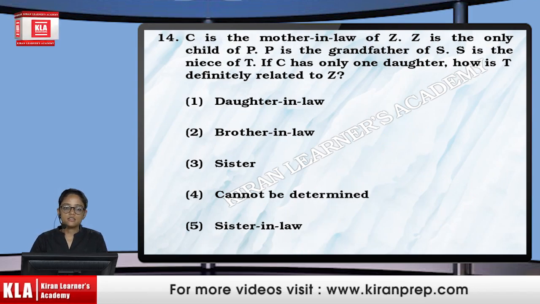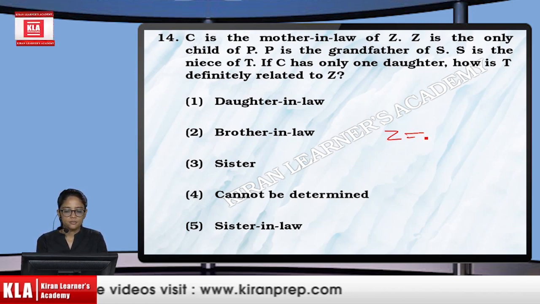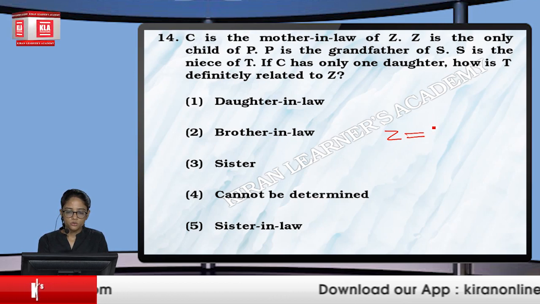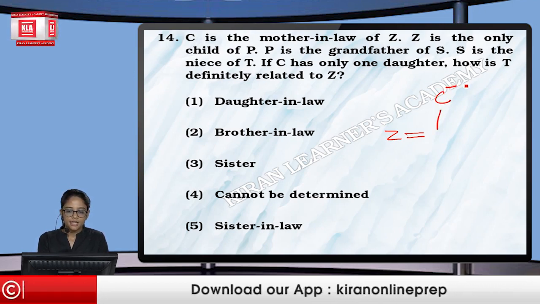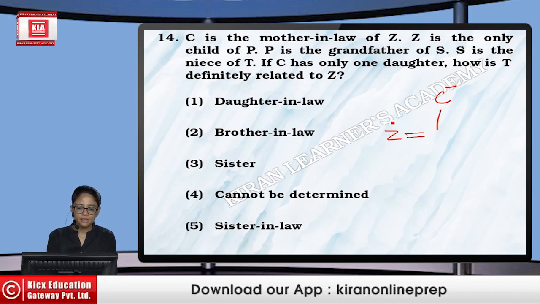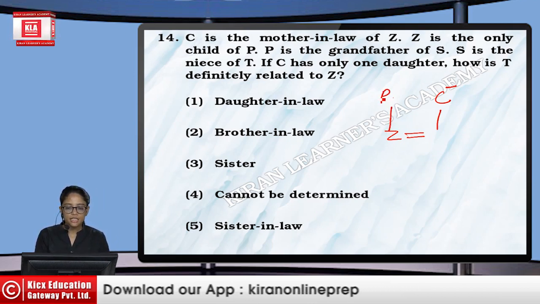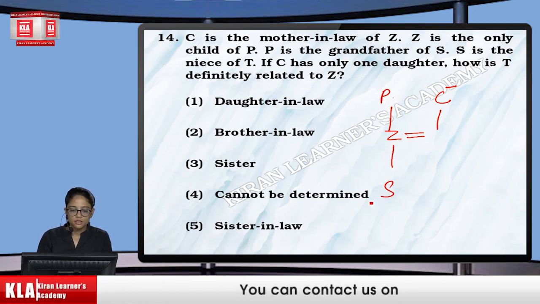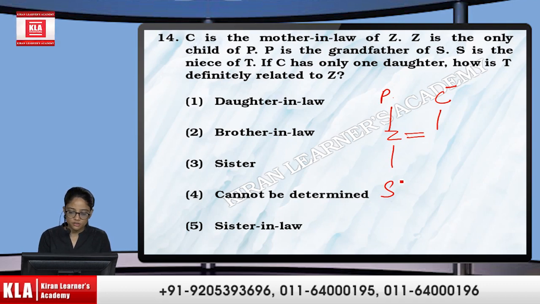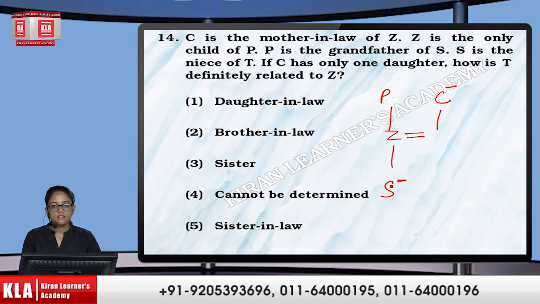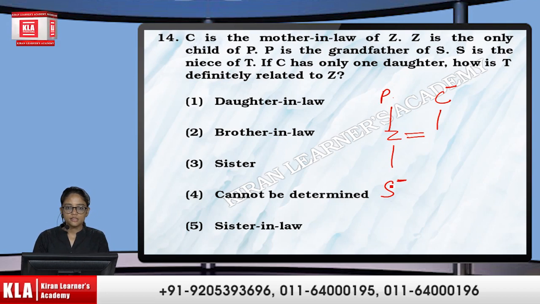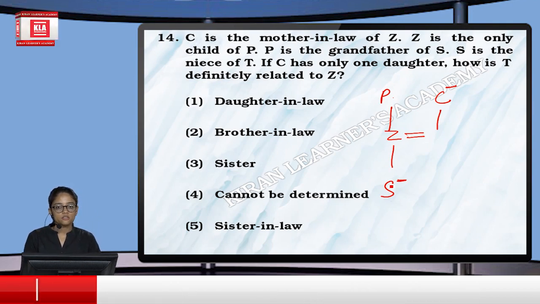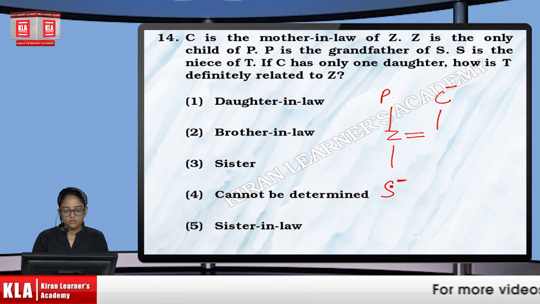Next we have C is the mother-in-law of Z. Z is married to someone whose mother is C. And Z is the only child of P. P is the grandfather of S. S is the niece of T. Niece of T means that we have brother or sister's daughter.